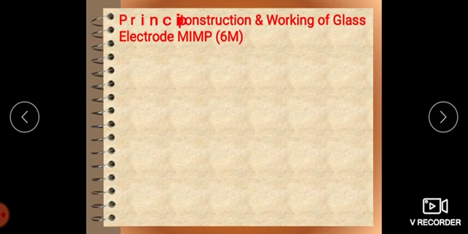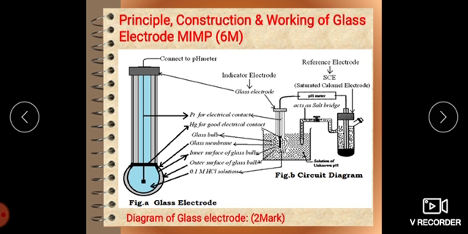But for a pH meter, one electrode is a must to determine the pH of any sample, that is the glass electrode. The glass electrode is very important to get the pH value of any sample.